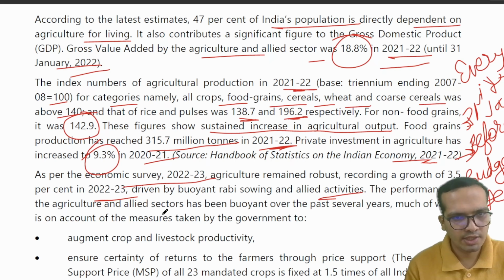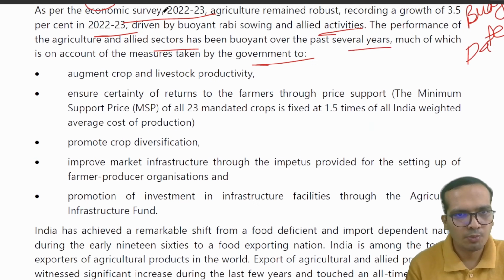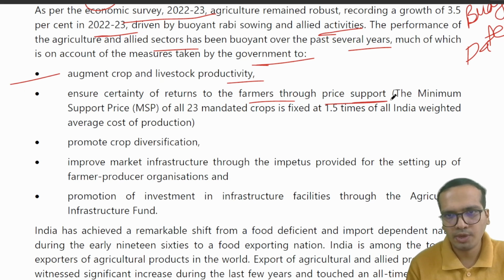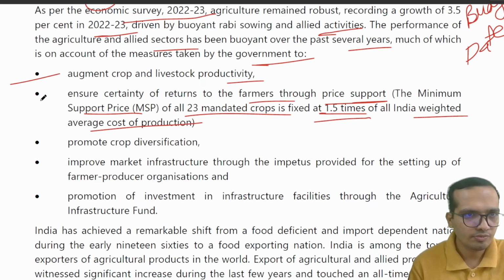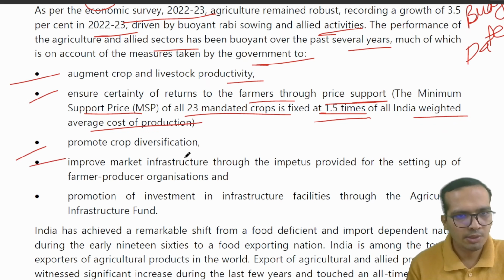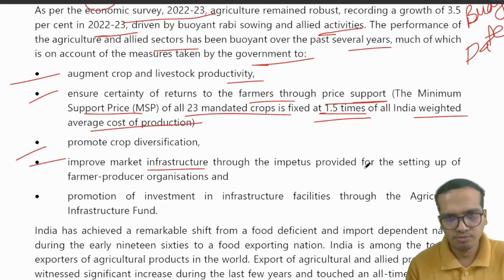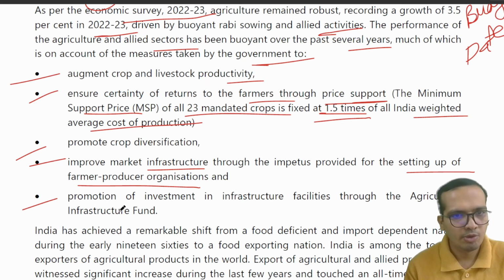The performance of the agriculture and allied sector has been buoyant over the past several years, most of which is on account of the measures taken by the government to augment crop and livestock productivity, ensure certainty of returns to the farmers through price support, that is minimum support price of all 23 mandated crops fixed at 1.5 times of all India weighted average cost of production, promote crop diversification, improve market infrastructure through the impetus provided for the setting up of farmer producer organizations, and promotion of investment in infrastructure facilities through the Agriculture Infrastructure Fund, AIF.